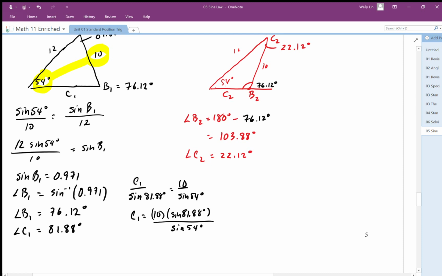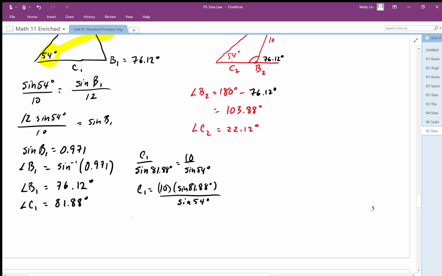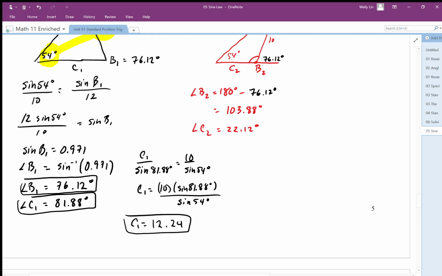And I'm getting 12.24 approximately. Depending on your rounding, you may be a little bit off, but that's okay. 12.24. So there's my side, there's my angles, my two angles that I solved for, and my third side that I solved for.